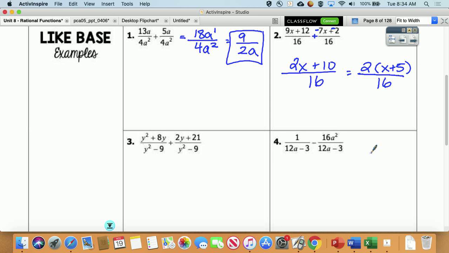And then I can reduce the 2 over 16 to 1 over 8. Isn't that the same thing you would get if you divided each of these by 2? Yes. I don't care which way you do it. I did it this way so that you could see the rules that we learned yesterday still apply.